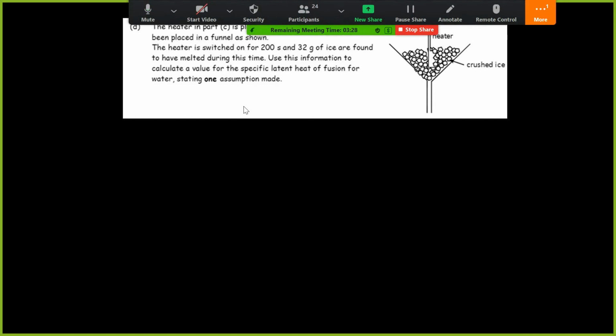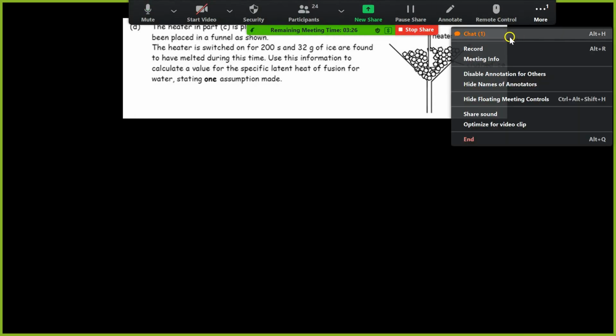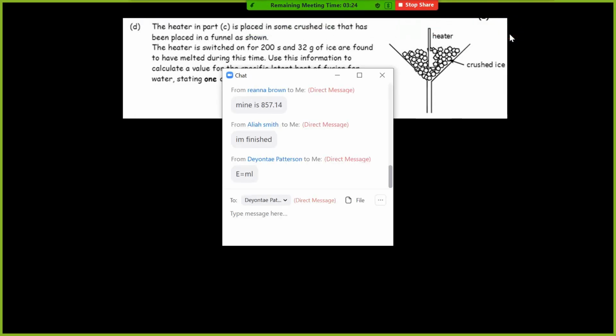Anybody wish to share or tell me? What kind of method would you call this method, by the way? Yeah, essentially, but I get that, Patterson. But what is E?